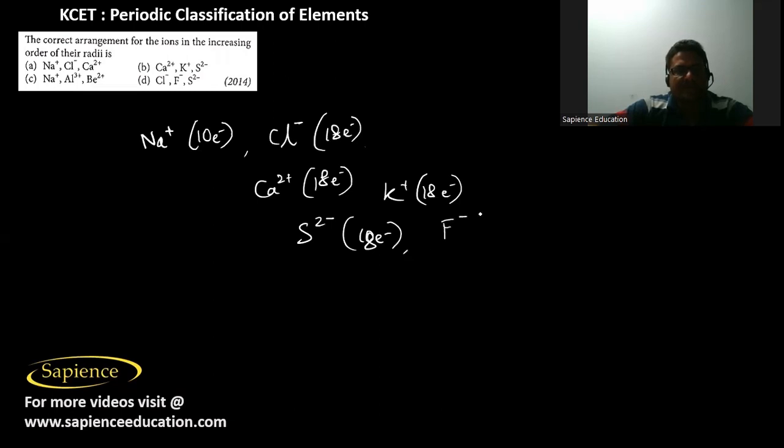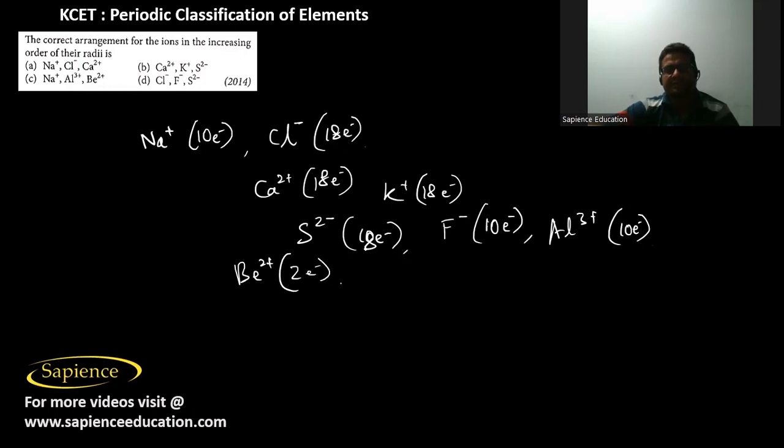And the fluoride ion will have 10 electrons. Then Al3 plus ion also will have 10 electrons. And Be2 plus will have 2 electrons.